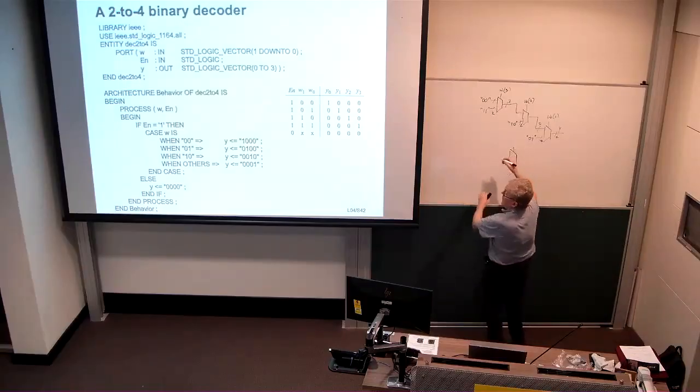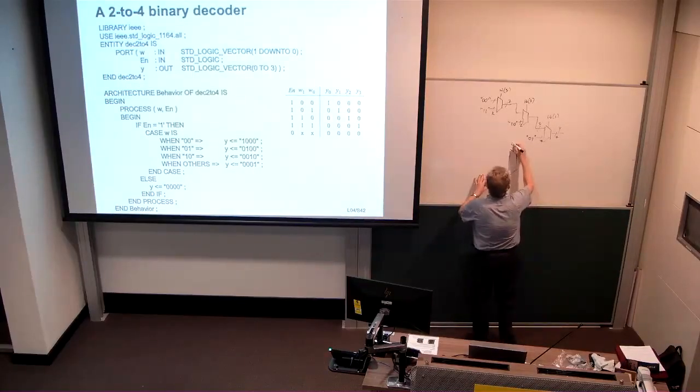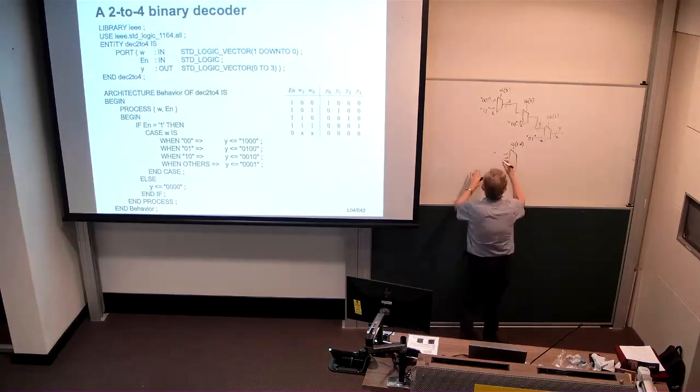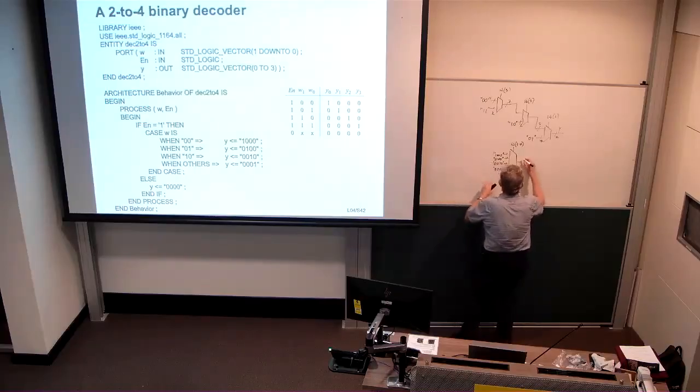so this is W, 1 down to 0. These are all 4-bit signals now, where we have, what is it, 1, 0, 0, 0, 0, 1, 0, 0, 0, 0, 1, 0, and 0, 0, 0, 1. They're the 4 possibilities coming out.